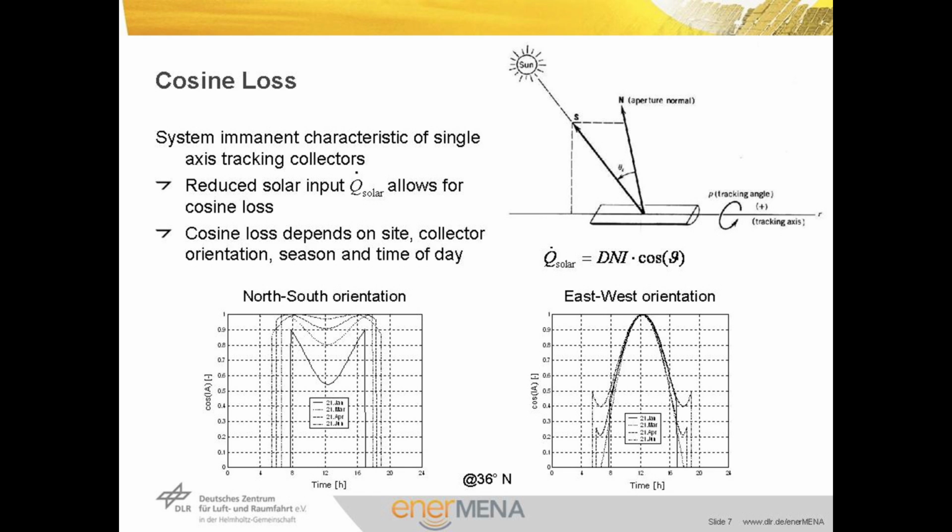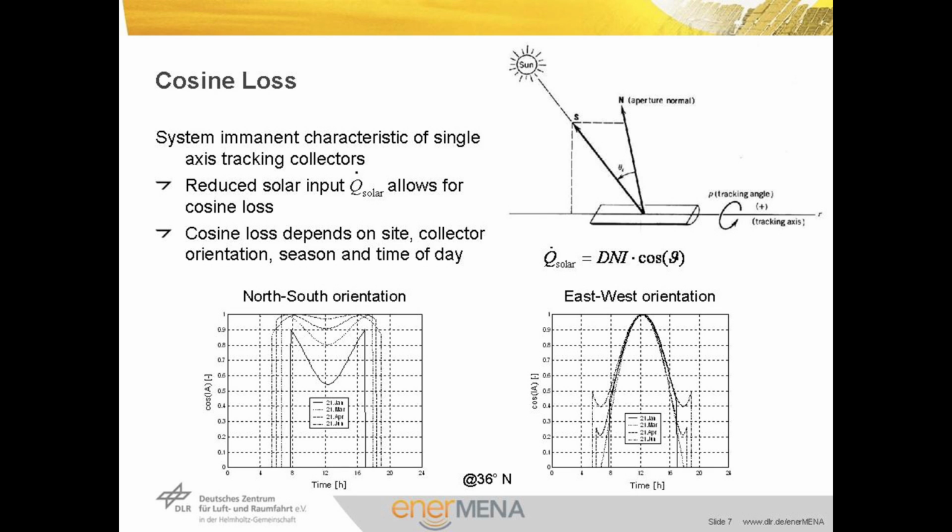For a chosen site at 36 degrees northern latitude, exemplary daily characteristics of the cosine of the incidence angle are displayed in the diagrams. The left one illustrates the characteristics of different seasons for a north-south collector orientation with comparatively little variation throughout the day, especially in summer. The diagram on the right shows the same characteristics for an east-west orientation of the collectors.